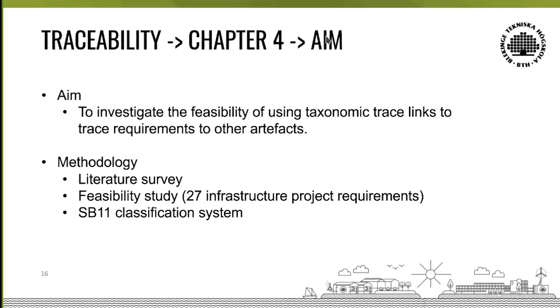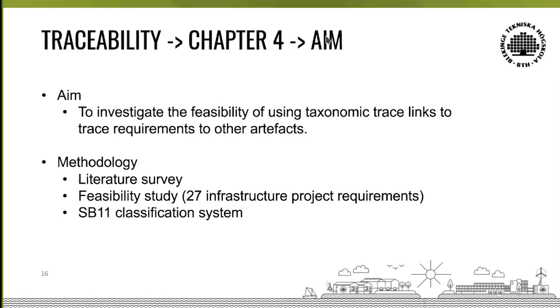We have conducted a literature survey and looked at the related work, and we see the novelty of our research. We have also conducted a feasibility study. That's the main thing that we have in this chapter. We investigate how these trace links, and to what extent they are feasible to be implemented in practice.